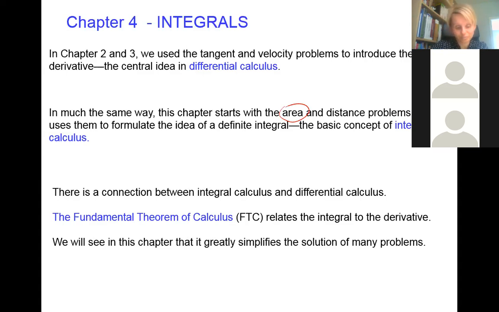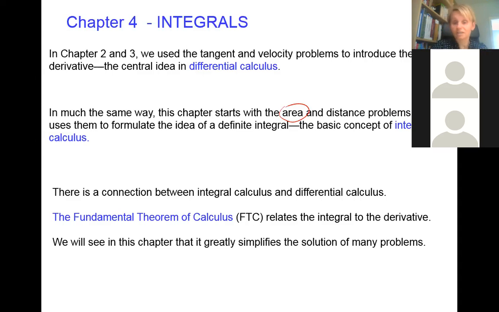Having a function, we know how to find the derivative. But now, having a derivative, the rate of change, we would like to recover an original function. That's anti-differentiation, and this is also called integration.